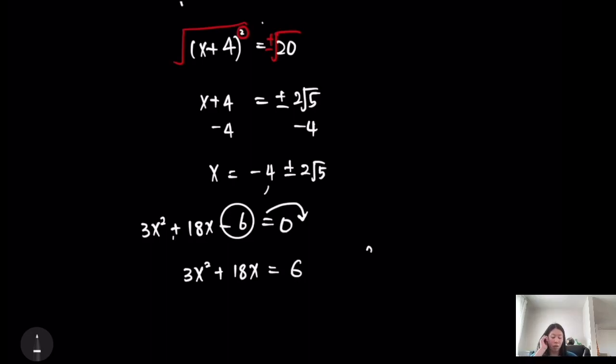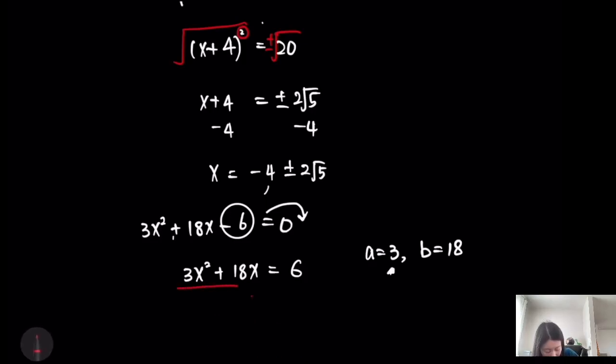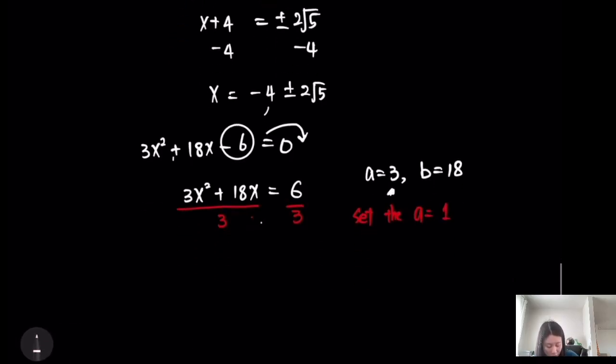Now, our a is equal to 3 and b is equal to 18. But that's not going to work because we want our a equal to 1. So how do we do that? Well, we can divide by 3 on both sides so that I can set the quadratic term a equal to 1. Now I got x squared plus 6x equals 2.